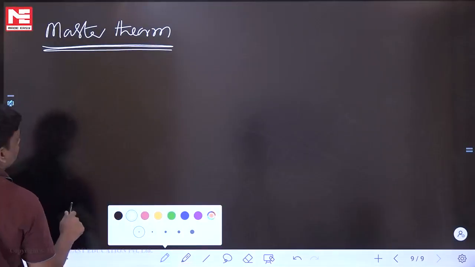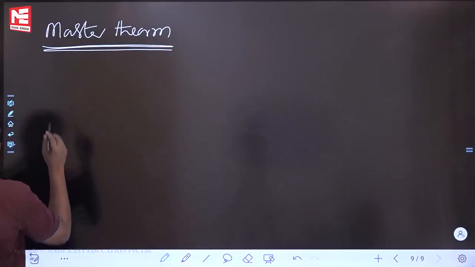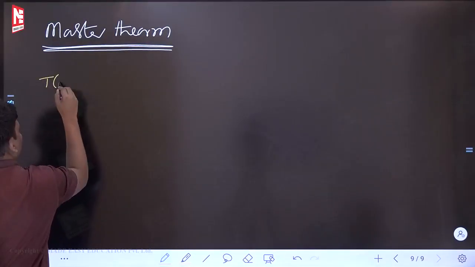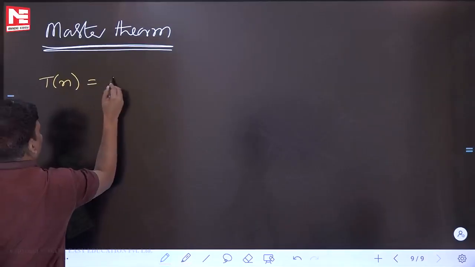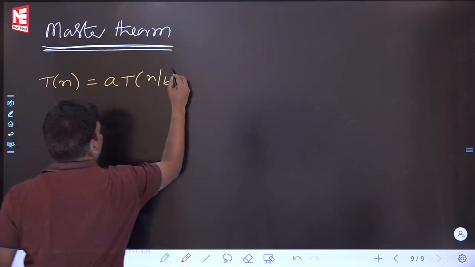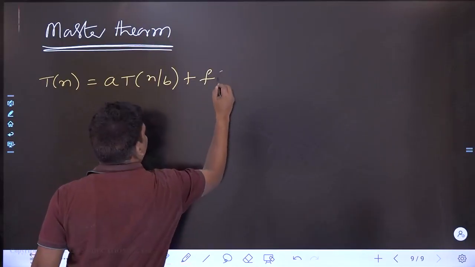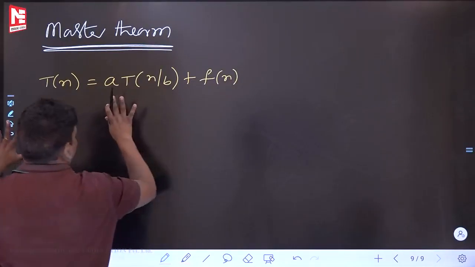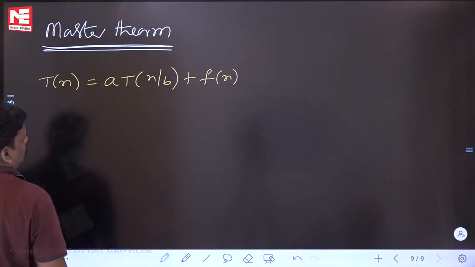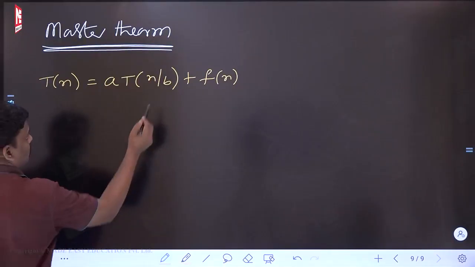But the problem with this method is that any recurrence relation which is in this format, Tn is equal to A T of n by b plus f of n, only then will the master theorem be applicable.